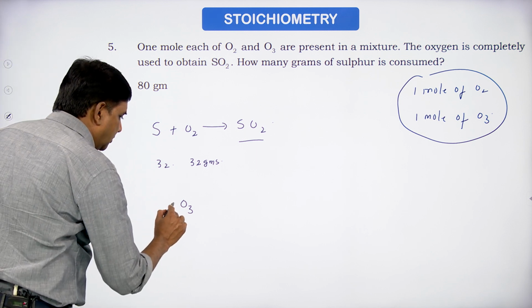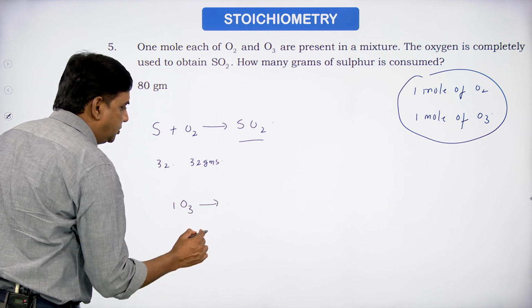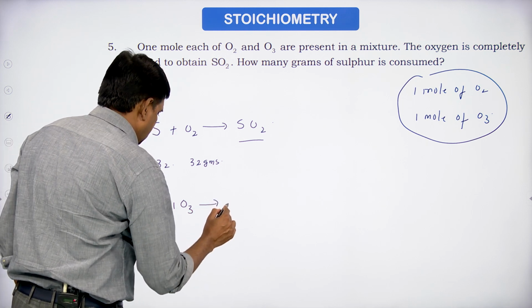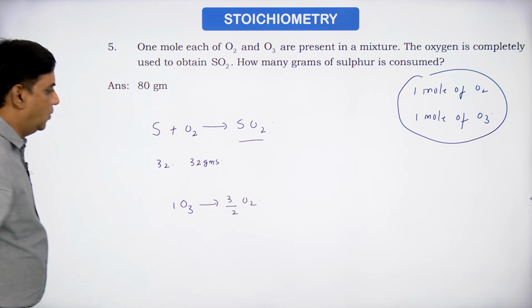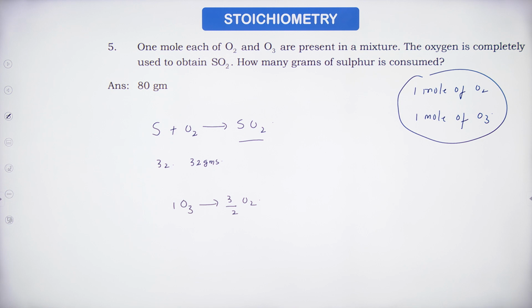One mole of ozone on decomposition will give 3/2 moles of oxygen.